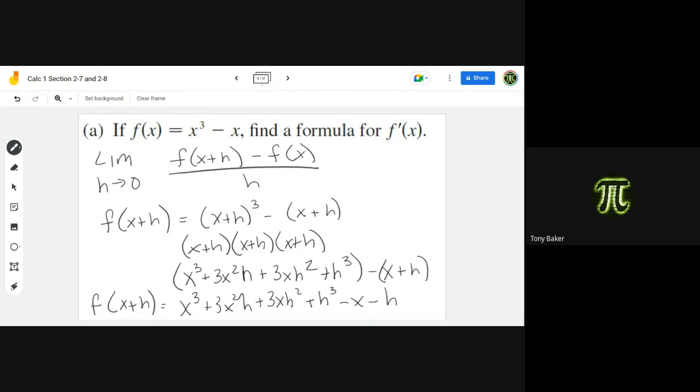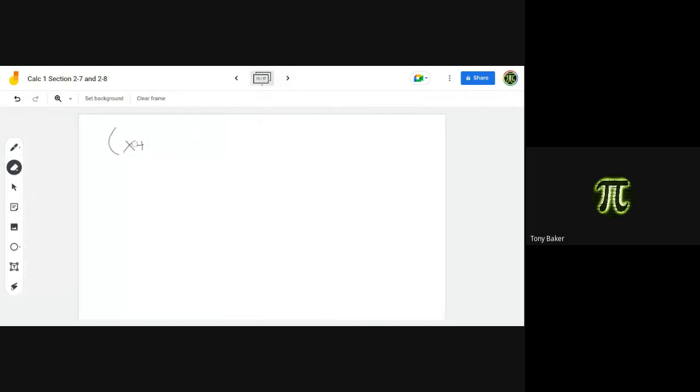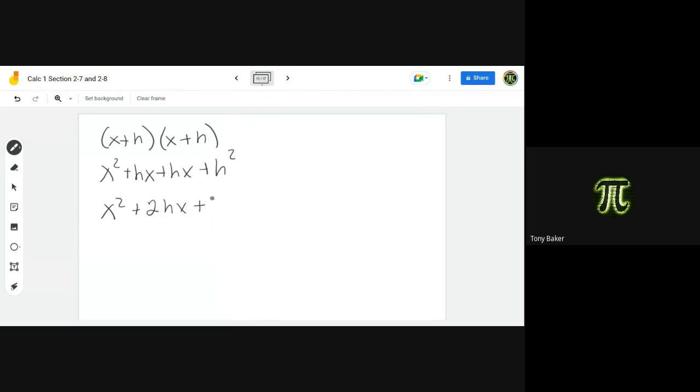All right. So you have (x plus h) times (x plus h). We'll start with that. You get x squared plus hx plus hx plus h squared, right? So x squared plus 2hx plus h squared. Yes? Oh, never mind, I got it. And then we multiply that by x plus h. That's fine, I'm going to finish now, I've got one more step.